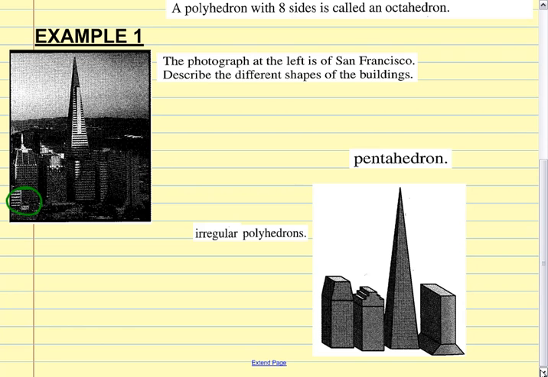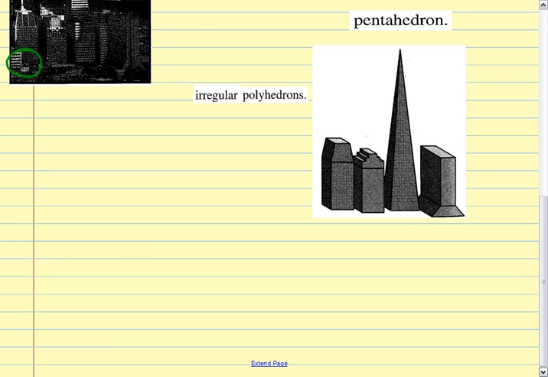Now, let's see. Here's what we've got here. We're just looking at the downtown. Do you see that these things are called irregular polyhedrons? And this one over here, that third one, because they don't really follow, they're sort of like 2 solids on top of each other, right?